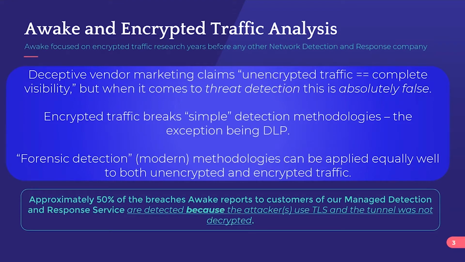Like any detection methodology, they all have their pros and cons, and they're most effective when you put them all together. So I use this term forensic detection to describe what human beings tend to do in an investigation, and that is we take very different types of data points, and we take those different types of data points over time, and we assess those and make determinations from that data.